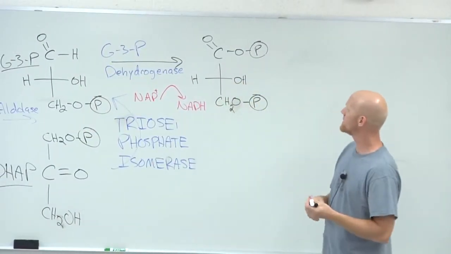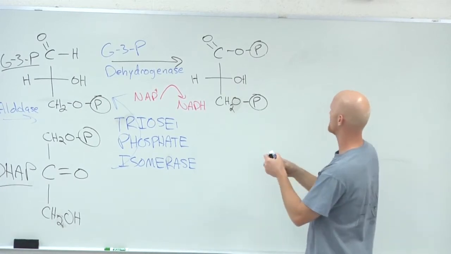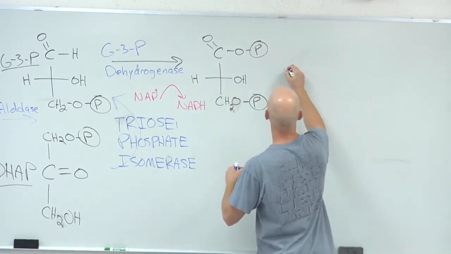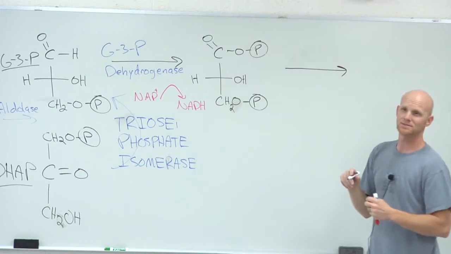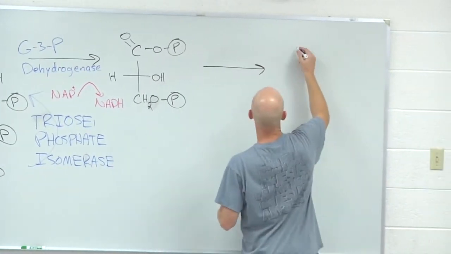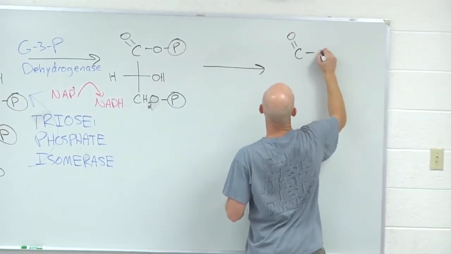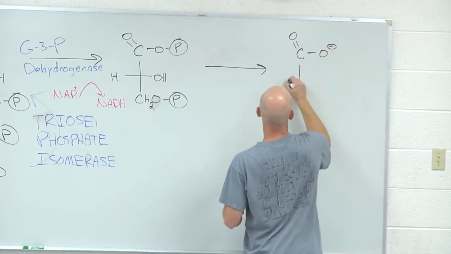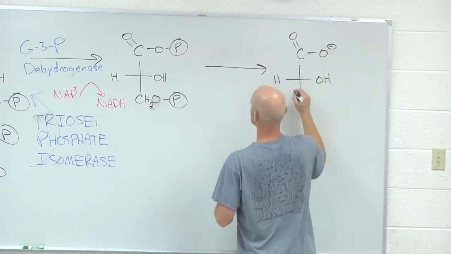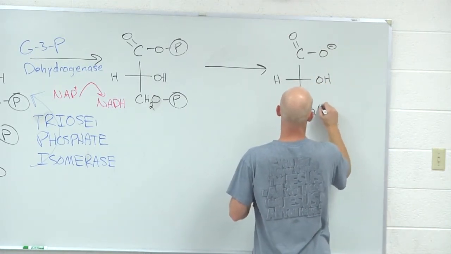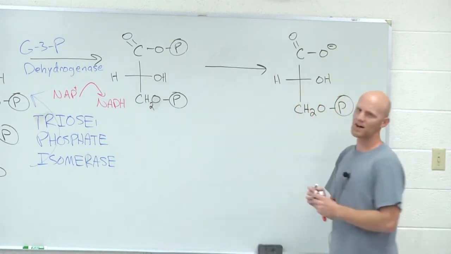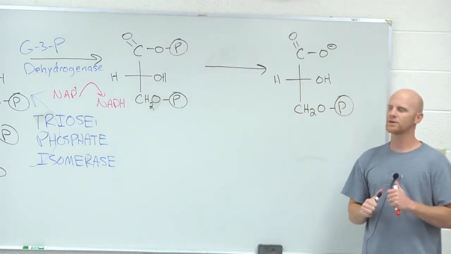Okay, so 1,3-bisphosphoglycerate now turns into what? 3-phosphoglycerate. So we still have glycerate, and it still has a phosphate group at carbon 3.